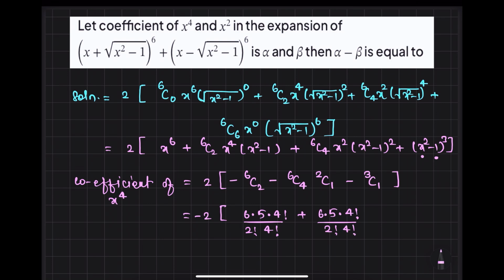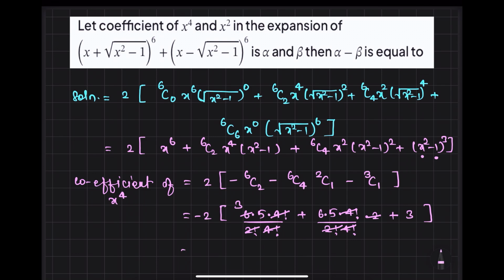You know that 2c1 is 2. Now 3c1 is also 3, so it's okay. Let's do the simplification. This thing is gone, this thing simplified, this thing gone.